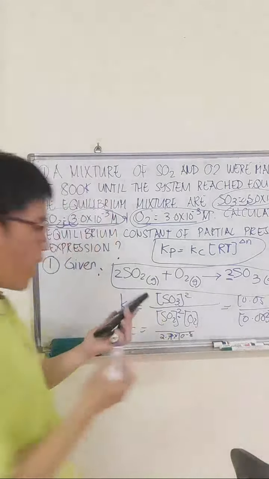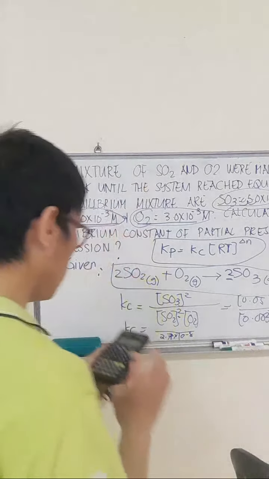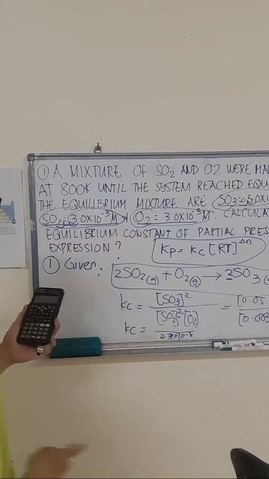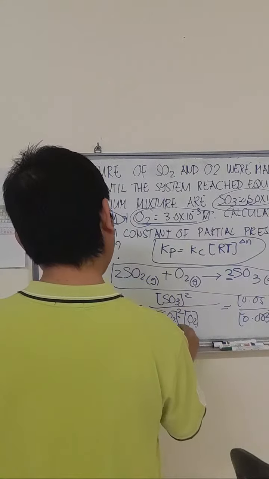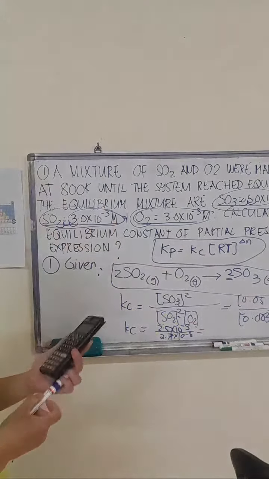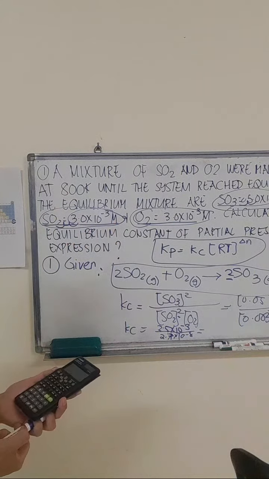And then the numerator is 0.05 raised to the power 2, which equals 2.5 times 10 to the negative 3. Meaning to say, 2.5 times 10 to the negative 3 divided by 2.7 times 10 to the negative 8.